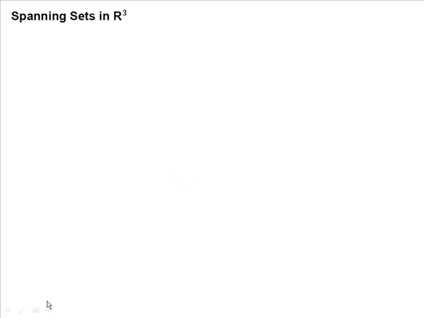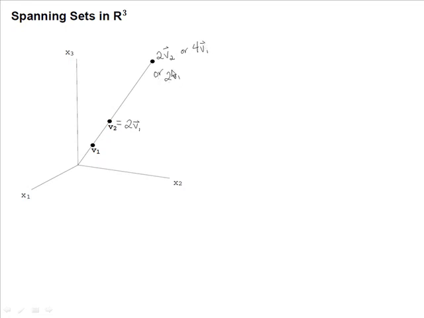Now let's look at spanning sets in R3. In this first picture, we have v1 and v2, and we notice v2 is a multiple of v1, so I'm just going to say that it's 2v1. Then we can mark this vector up here. This will be 2 times v2, which is also 4 times v1, or we could have written it as 2 times v1 plus v2.